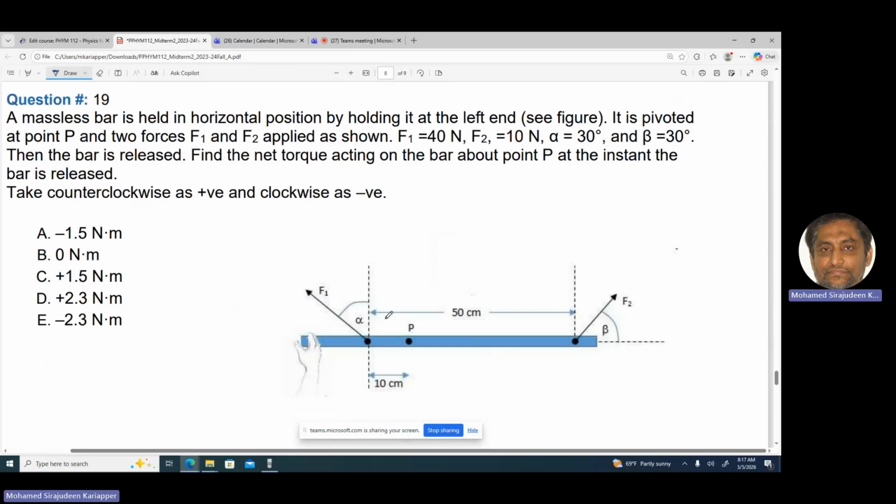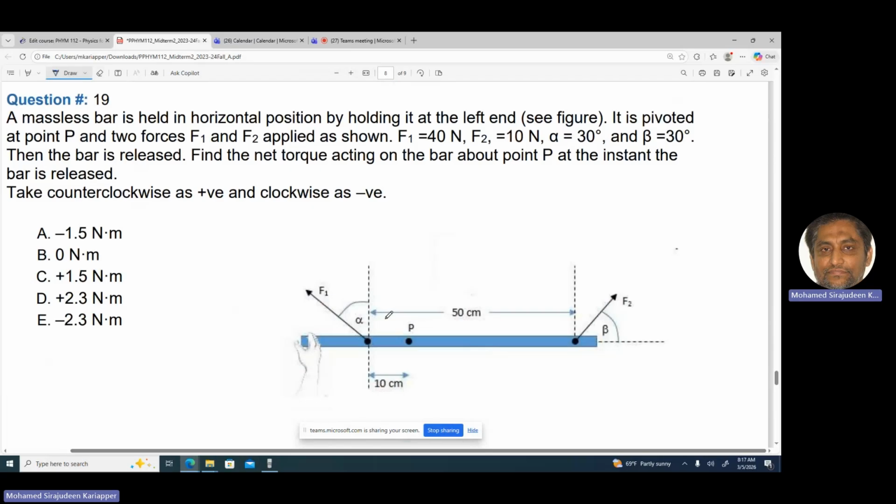So there will be a force where he's holding it, but I don't want the torque from the hand because he's going to release it. The moment he has released it, there will be no force there. Right now the net torque is 0 because I'm balancing the whole thing by holding it, so there will be enough torque here to cancel the net torque to be 0.